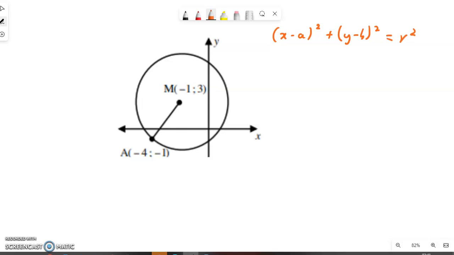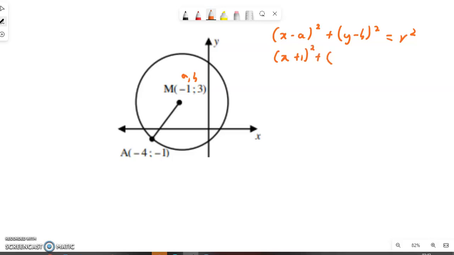Okay, firstly let us substitute the coordinates of the center. Let us remember that this is a and b, so the value of a is -1, so therefore it's going to be negative times negative, which will give us +1, all squared.